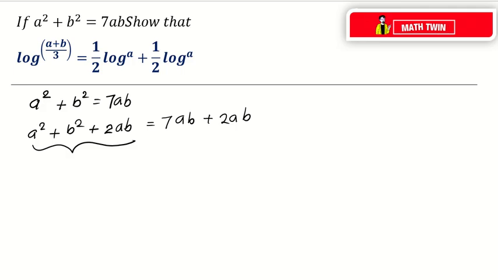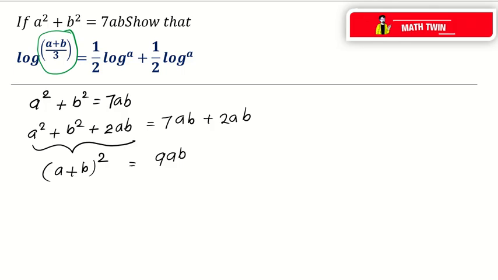Because I can get (a plus b) whole squared on the LHS, and for the RHS I have 9ab, because in the question we have to prove a plus b over 3. So anyhow I have to make a plus b, or a plus b squared, or something.